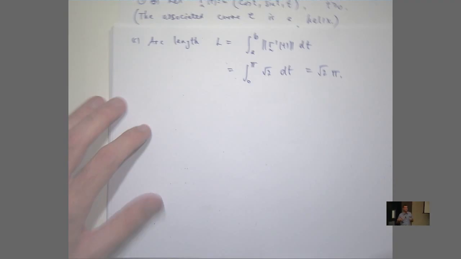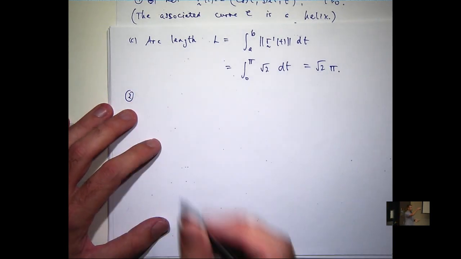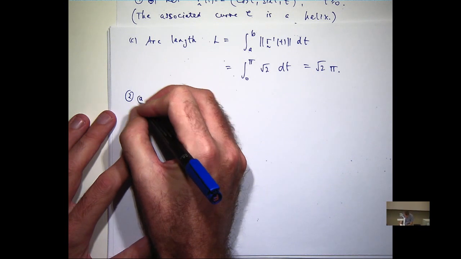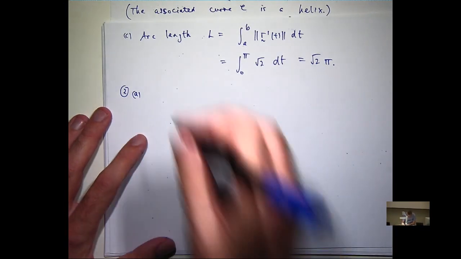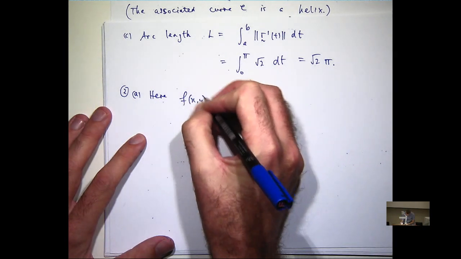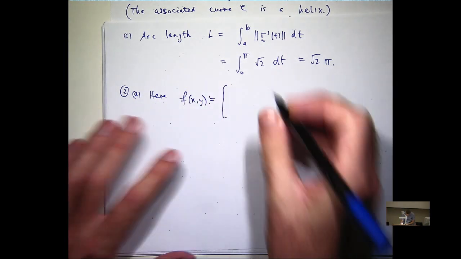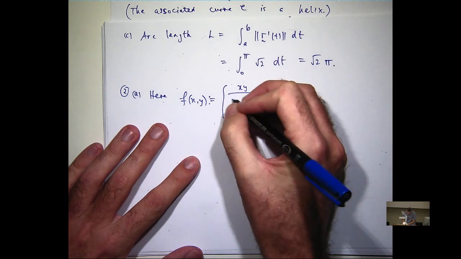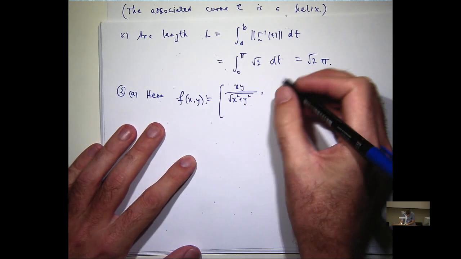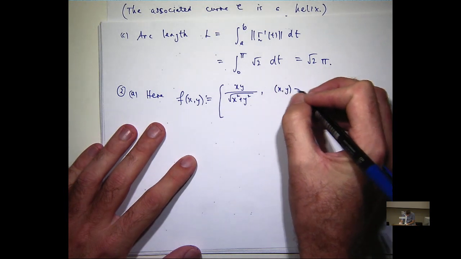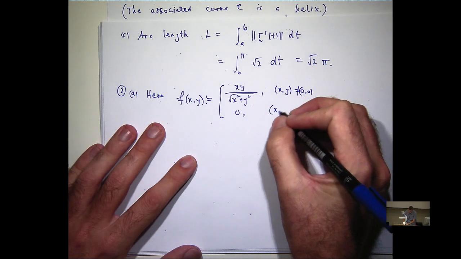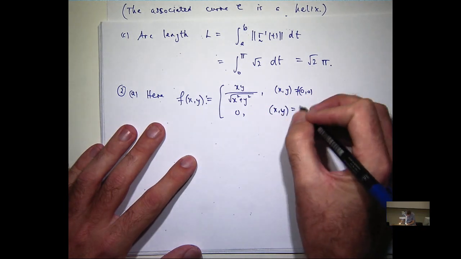Okay, so this is question 2 now. Let's go with A. So here, f of x, y is defined as the following. It's sort of defined in a piecewise kind of way.